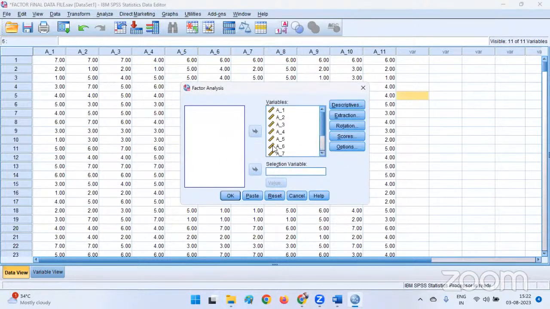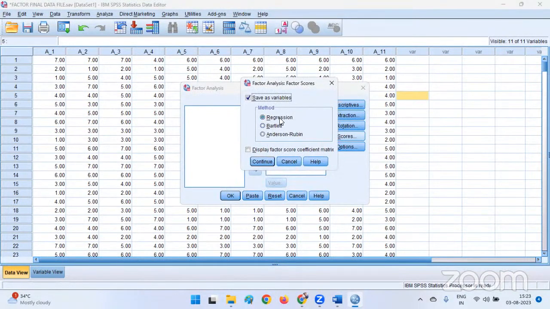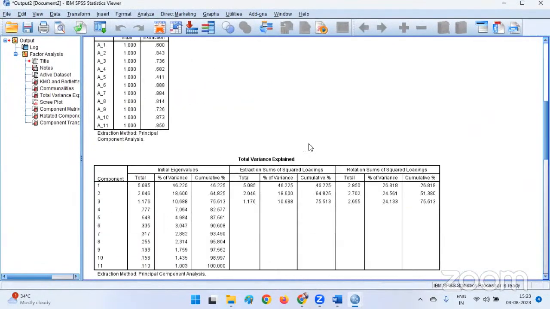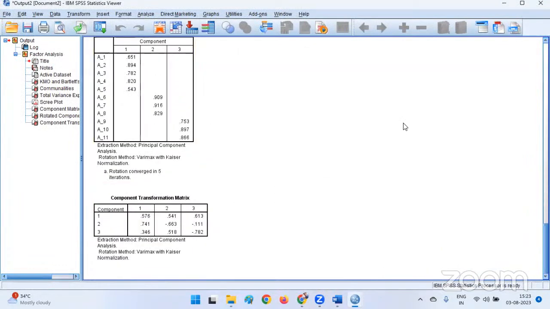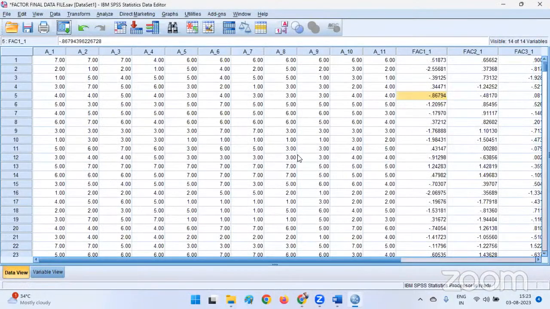And in the scores, I click on save as variables, that is regression. Continue and okay. Everything else will remain the same. Now the output is of no use for me. I can simply cross it.